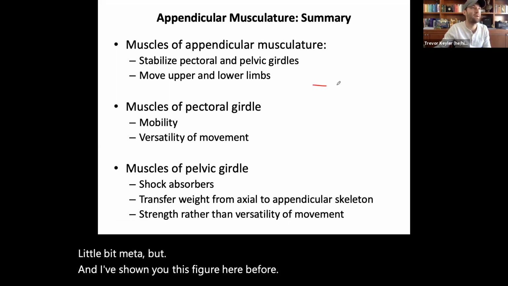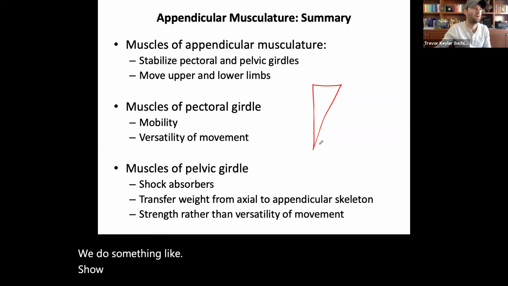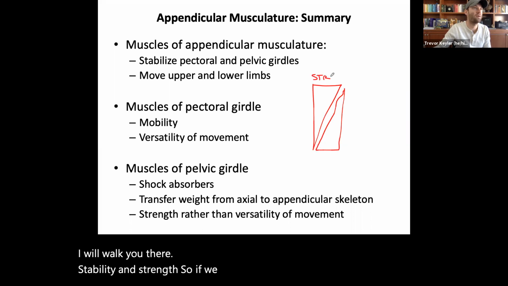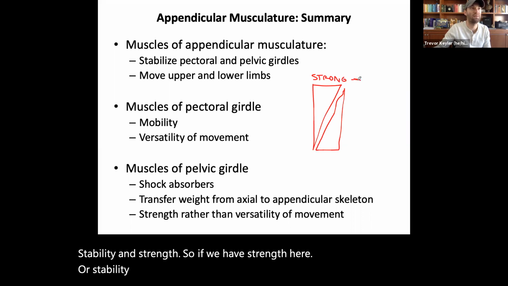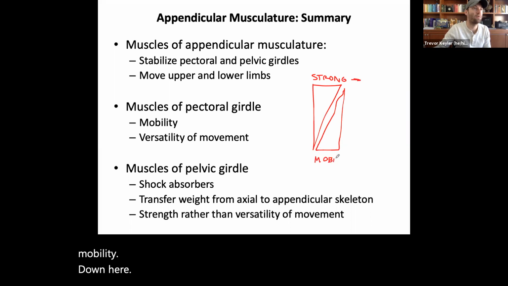If we do something like this, we'll show the trade-off between stability and strength. So if we have stability here, and then we have mobility down here, there's a trade-off, right?